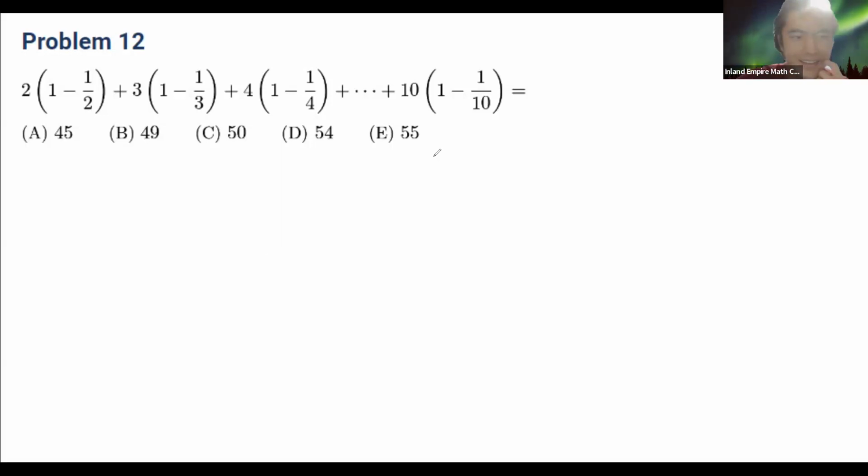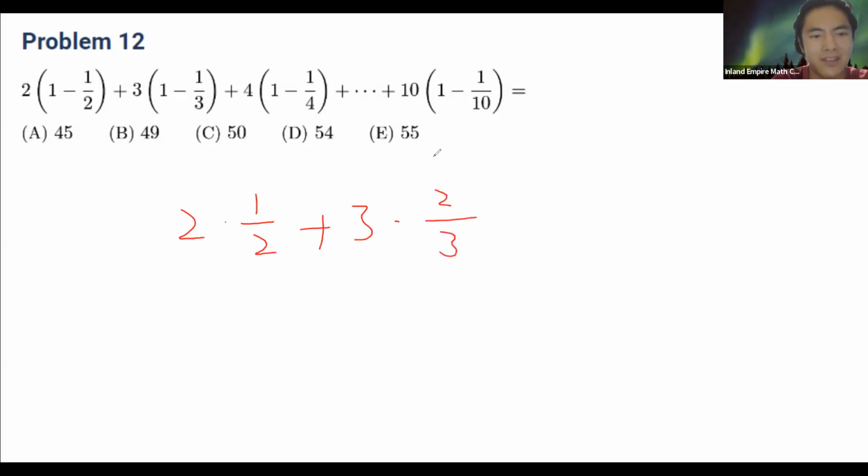Here, let's just take a look and find out. What I would do is evaluate the stuff in the parentheses first, right, Zayan? So you have 2 times what? 1 minus 1/2. That's 1/2, right? And then you have 3 times 1 minus 1/3. What's 1 minus 1/3? Well, that's 2/3, because you have 3/3 minus 1/3, take 1 away, you have 2/3.